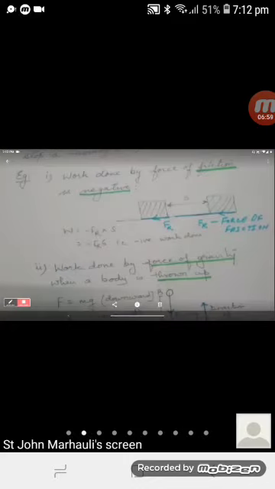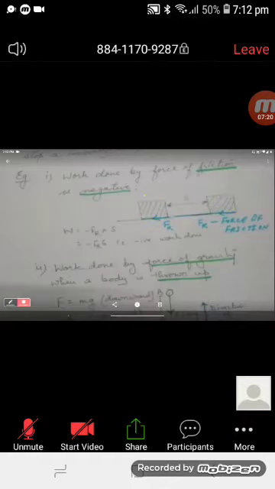If the body is getting displaced from one point over here to the other point over here, the force of friction, which will be towards the lower end, will be in the opposite direction. As a result, the work done by the friction is negative.